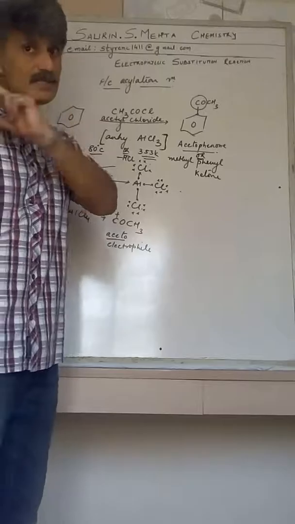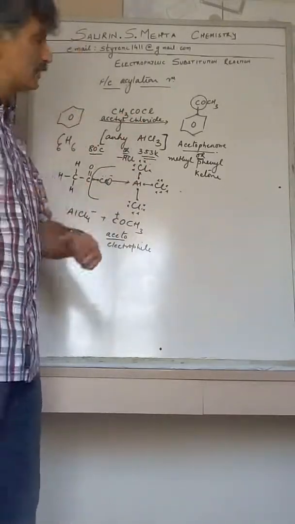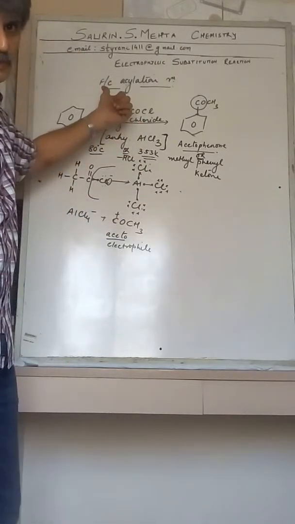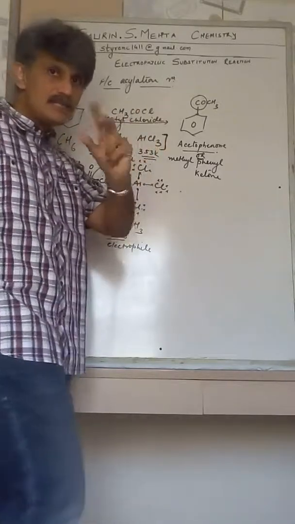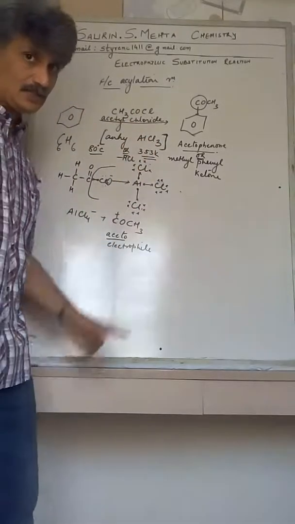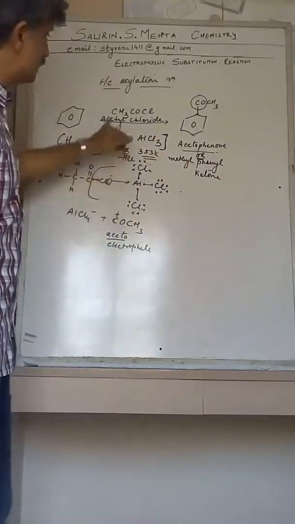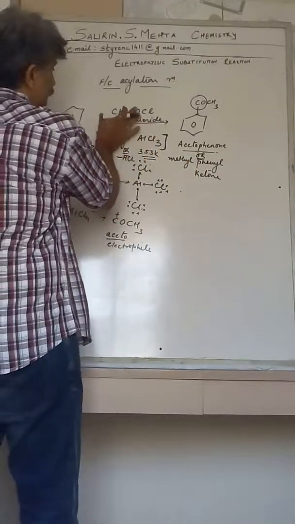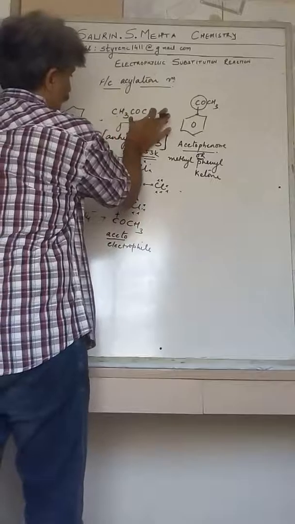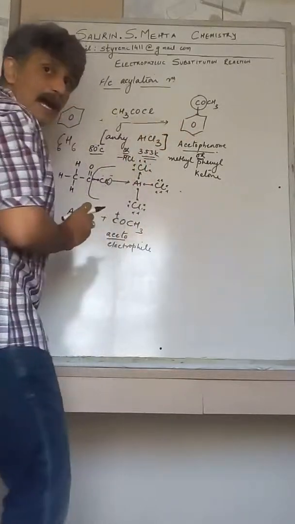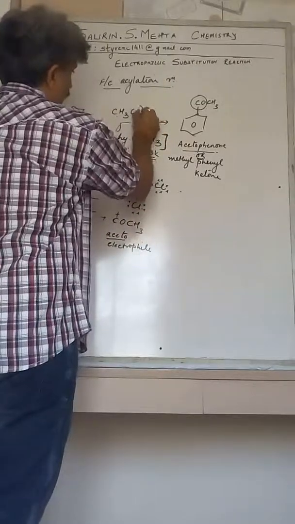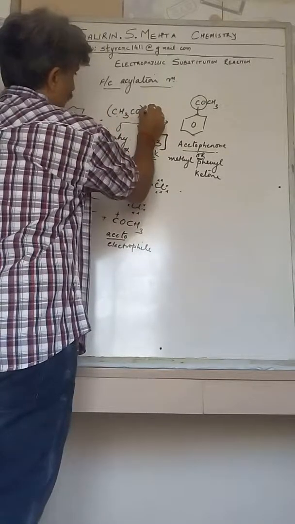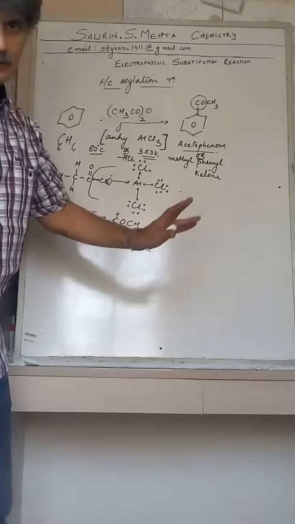Now I said this reaction occurs with two reagents. One was acetyl chloride, I just took it over here. Now the other reagent I am going to take with some substitutions, I will do it there itself. Just concentrate over there. Instead of acetyl chloride, I'll just substitute this Cl with this part, that's all, nothing else.